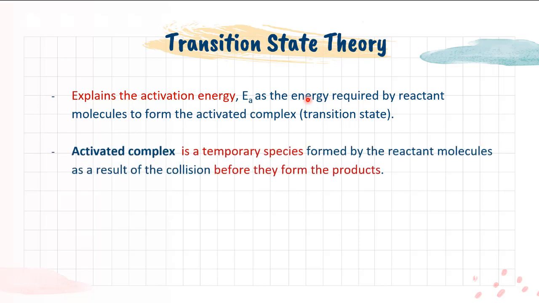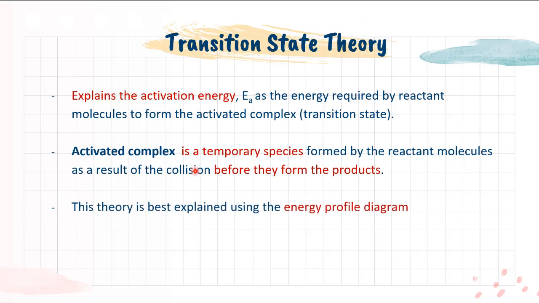The activated complex is a temporary species formed by the reactant molecules as a result of effective collisions before they form the product. So the activated complex is the species in the middle between your reactants and the product. And this theory is best explained using the energy profile diagram.